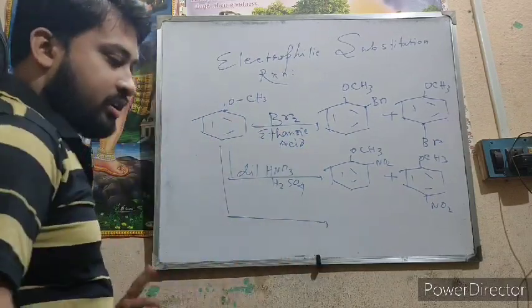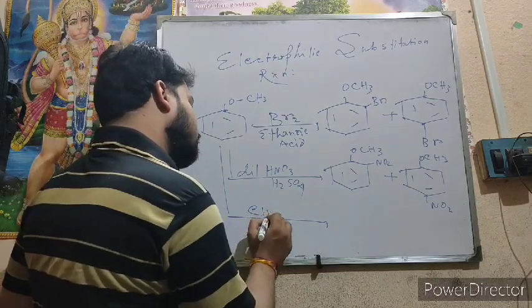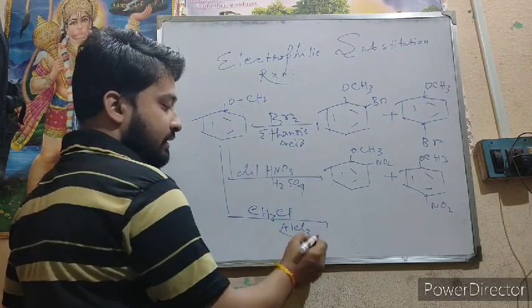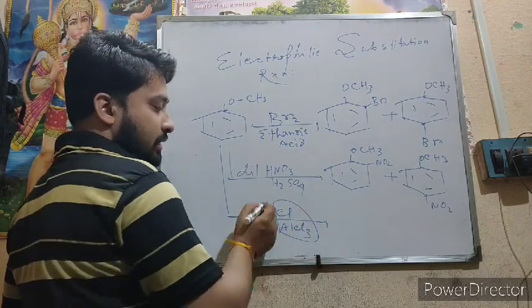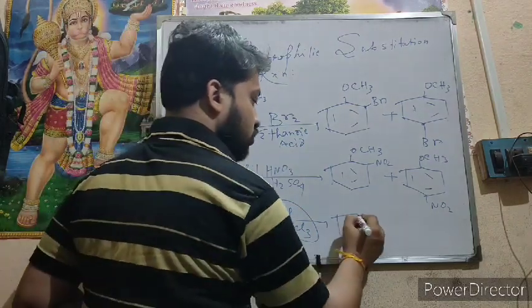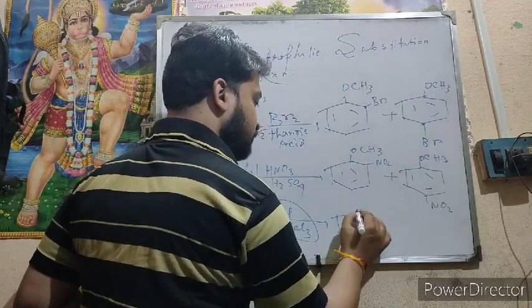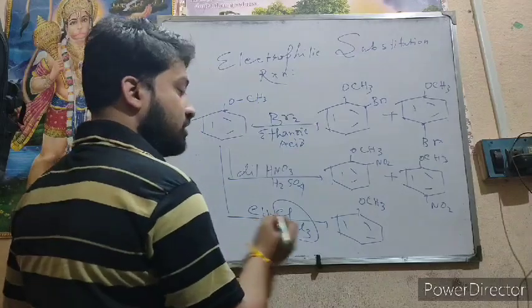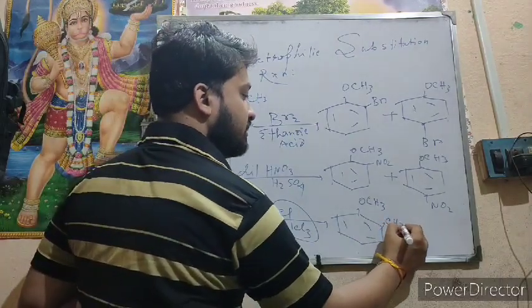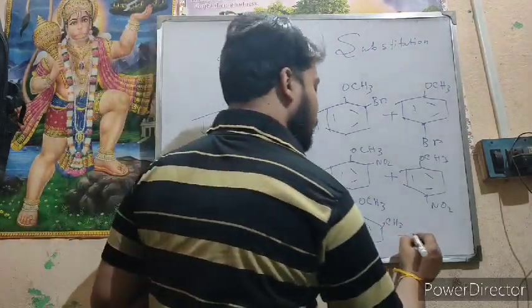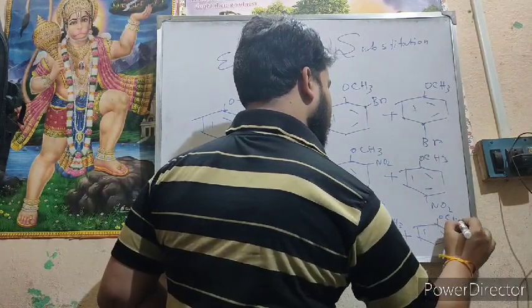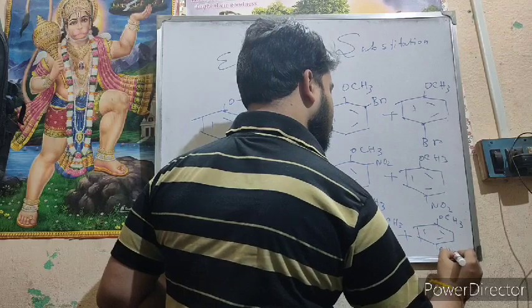So you should not take any pressure. You can use Friedel-Crafts reaction also. AlCl3 takes it, AlCl4 and CH3 plus here. So you get OCH3 as well as, on the ortho position you take this electrophile CH3, and on the para position CH3.